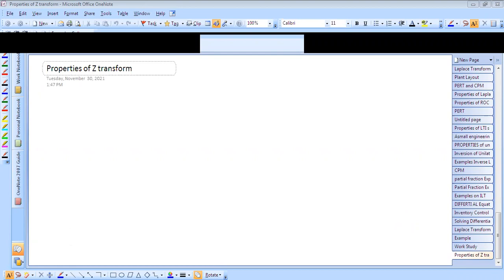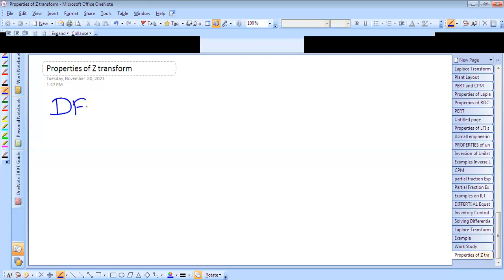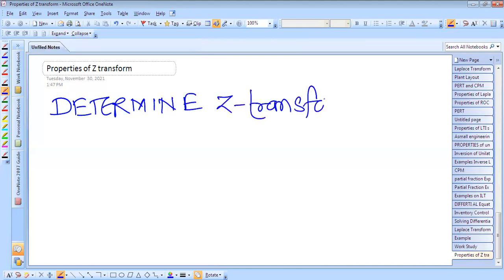So, determine the Z transform of the signal. The signal is given.